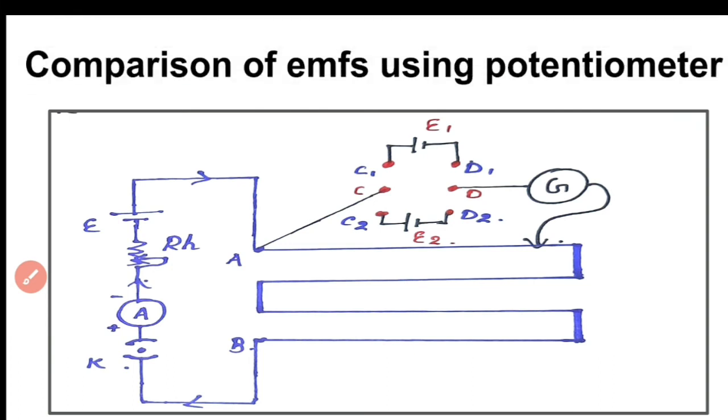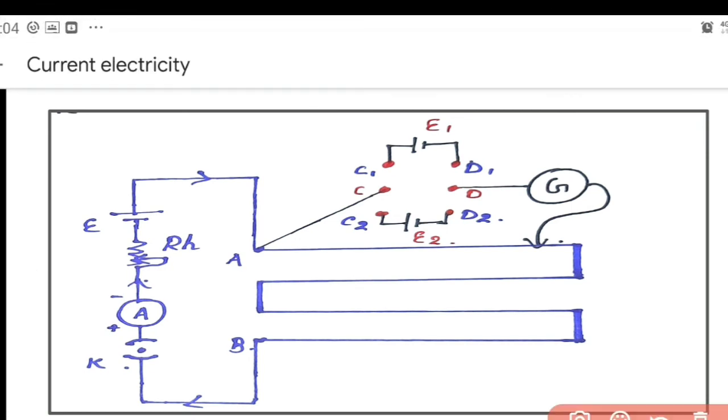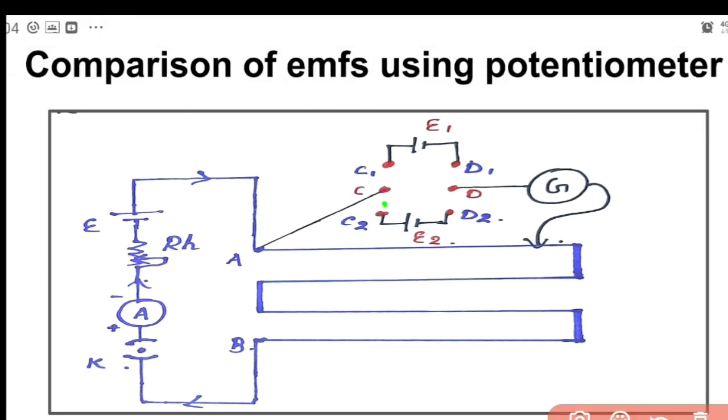After including the first cell and taking the balancing length, we will remove the key from the gaps C1C and D1D. Then we will insert the key in C2C and D2D. So epsilon 2 will be included in the circuit.